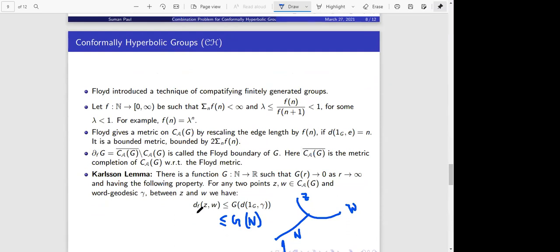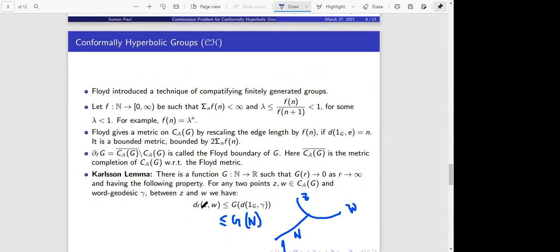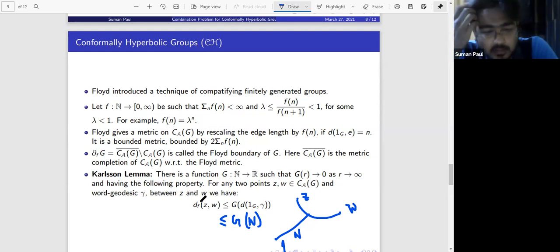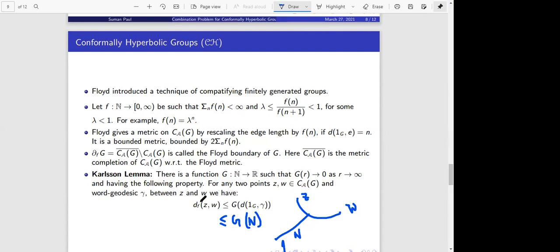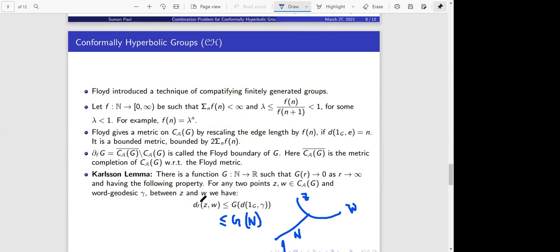So if you know the distance from identity to the point where they are parting, and you consider the two endpoints of this geodesic on the boundary, and you take the distance between these two points on the boundary, this is basically your G of that parting distance.